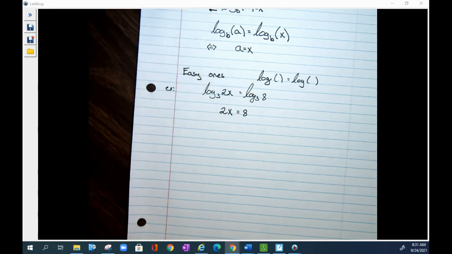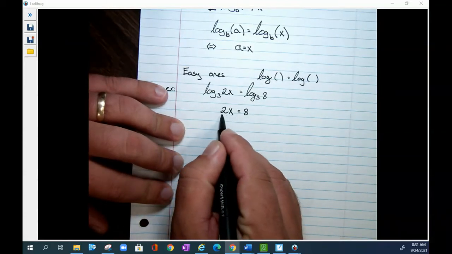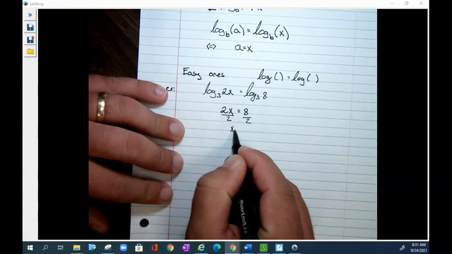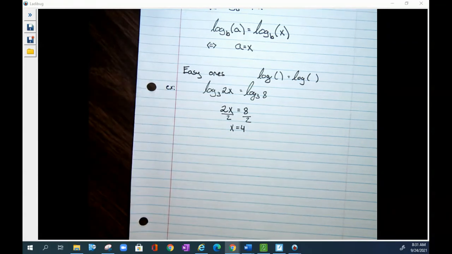I'm going to give you today sort of an opportunity to look at 2 different strategies and pick which ones you like better. So you'll get a chance to see what I mean. I'm going to divide both sides by 2 here. And I get that x equals 4. Sweet.